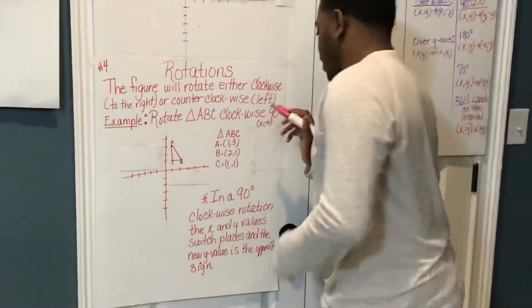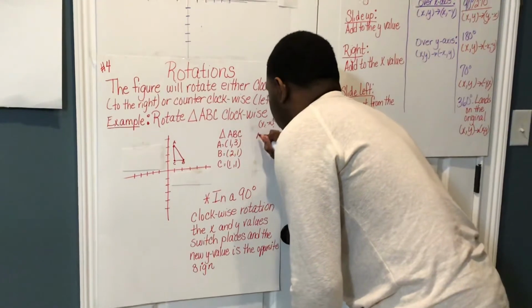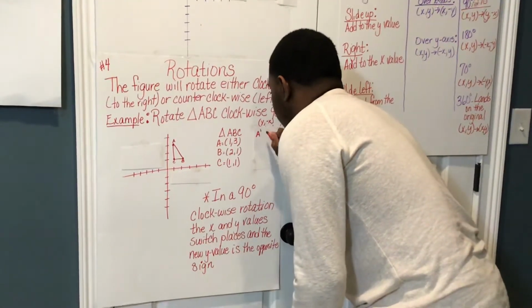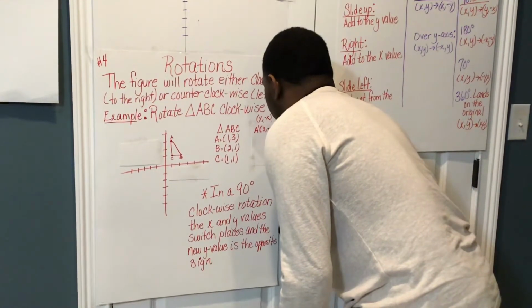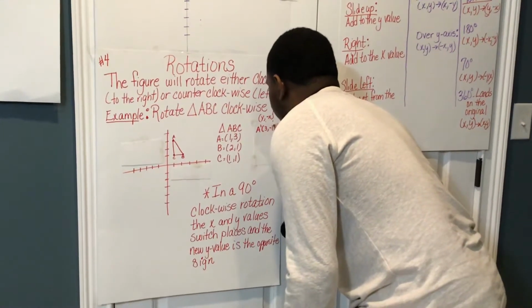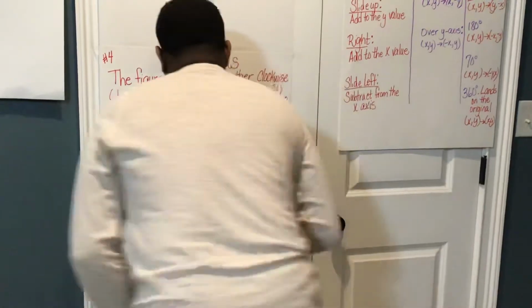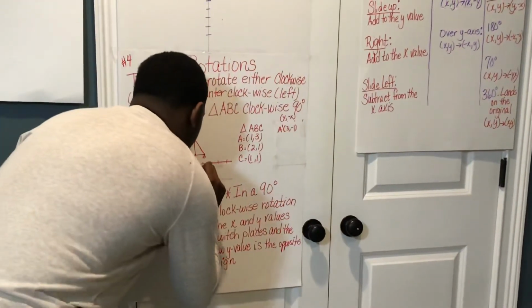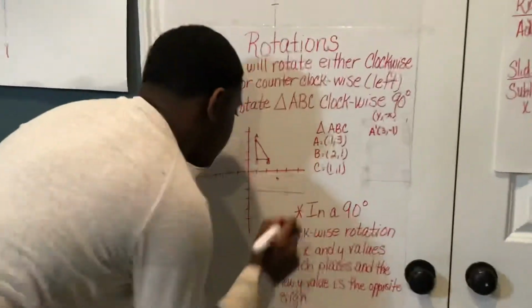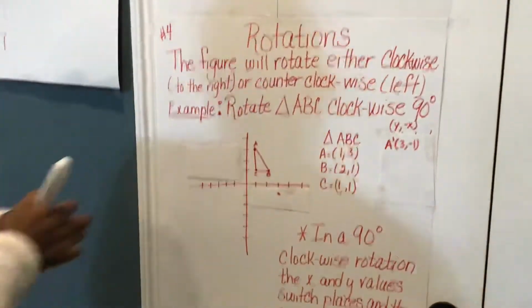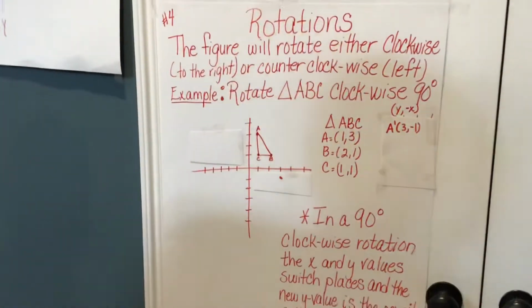So, for A prime, I would have 3, comma, negative 1. Notice what quadrant he's placing that in. Tell us why you placed it there.